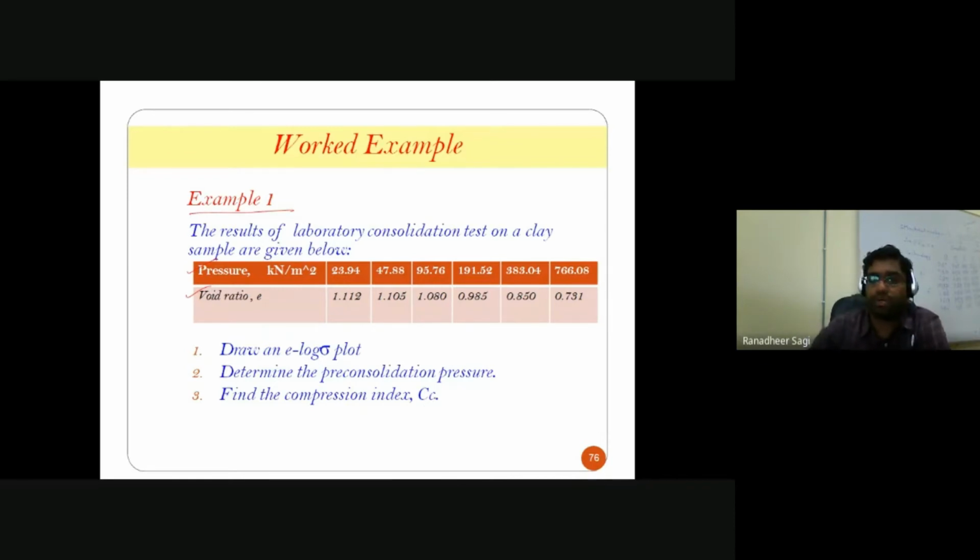So what we need to do: we have 1, 2, 3, 4, 5, 6 data points. With respect to these 6 data points, let's go ahead and plot the graph between e versus log sigma dash.